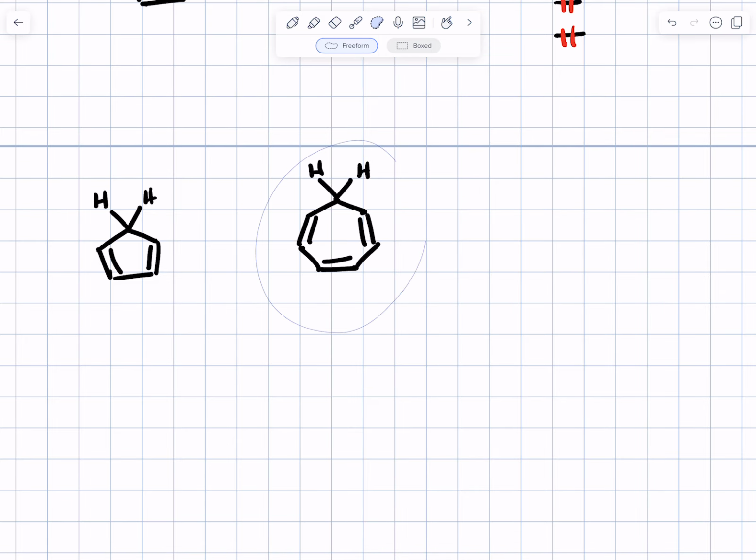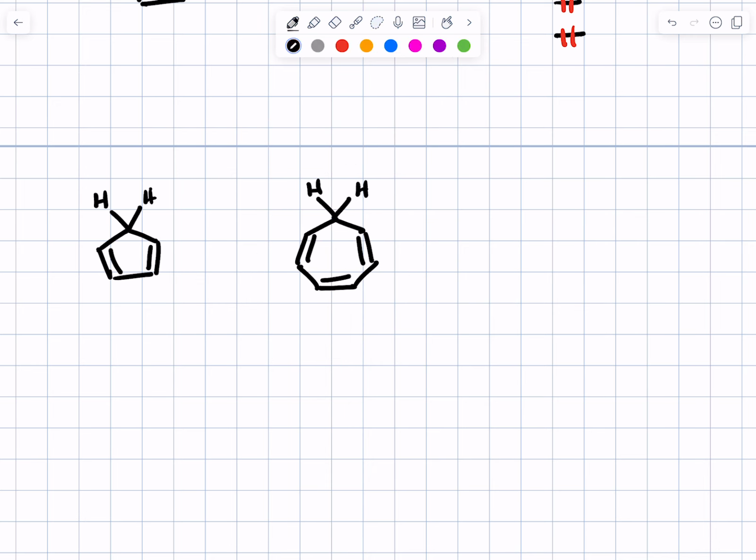Been told my 7-membered rings look like robots. But anyway, one way of asking a question is which of these protons is more acidic? On the surface that question doesn't appear to have anything to do with aromaticity, but it actually is about aromaticity.